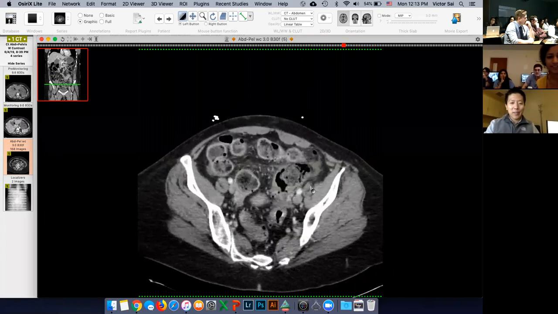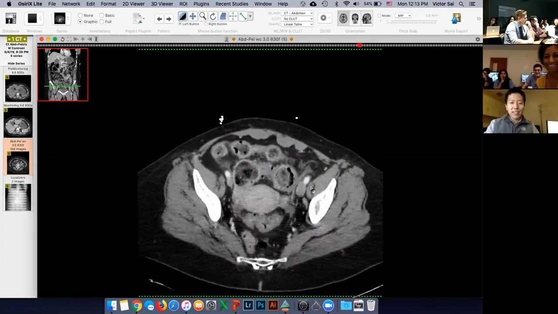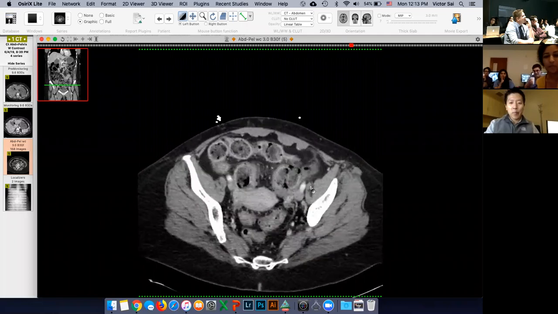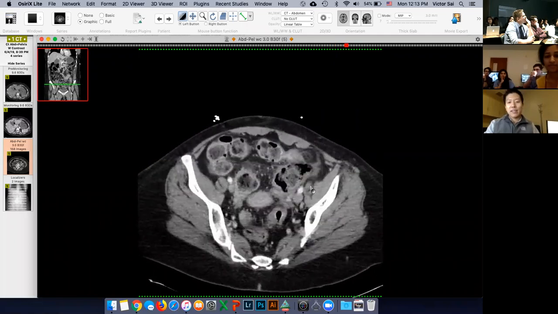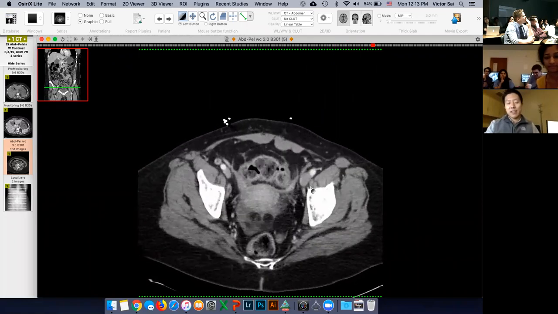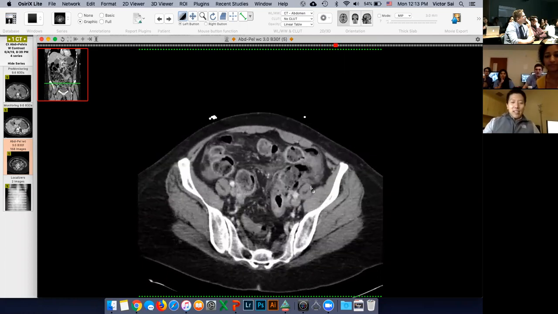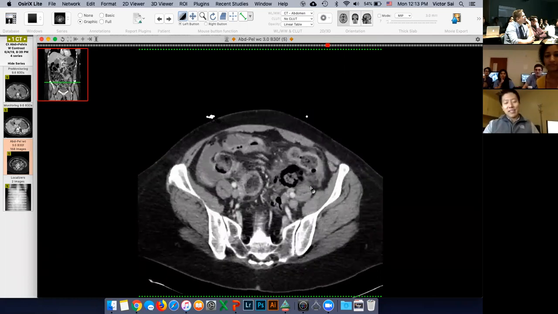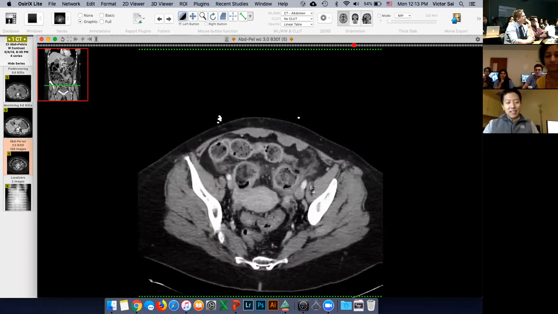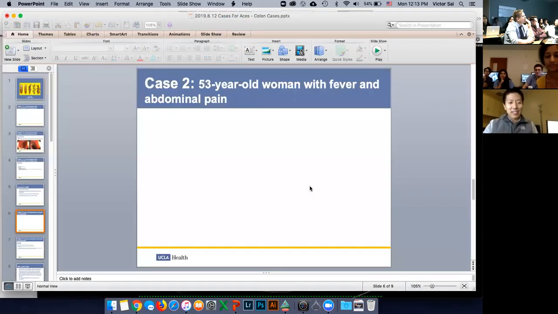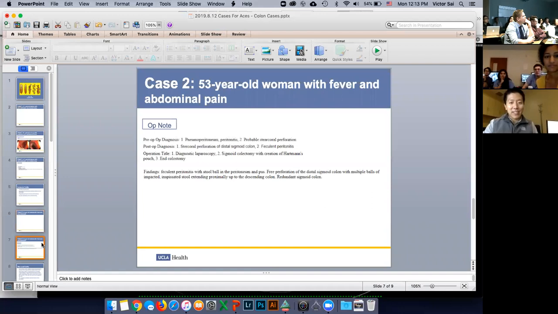No, we don't have any volunteers, but as I was looking, there's quite a bit of stool. Yeah. So it's diffused throughout, and they look desiccated. Yes. So I was thinking stercoral perforation. Yes, that is correct. That is precisely what this is.